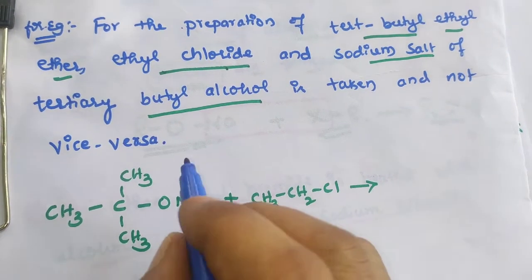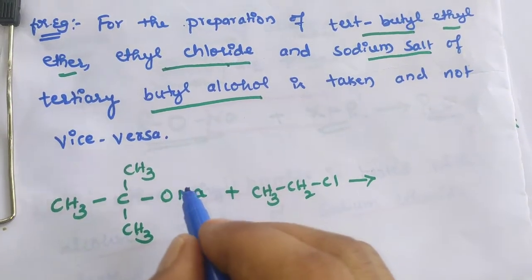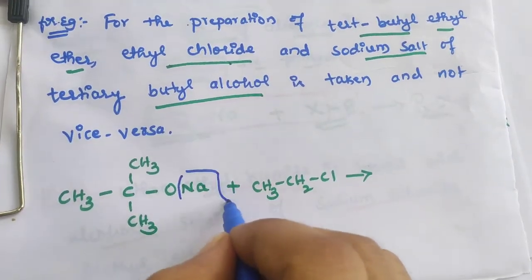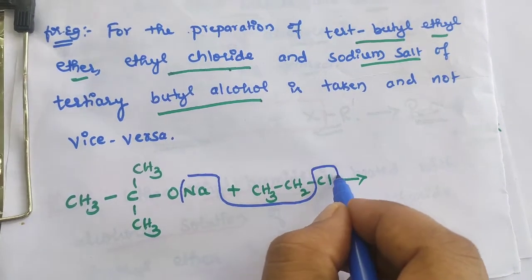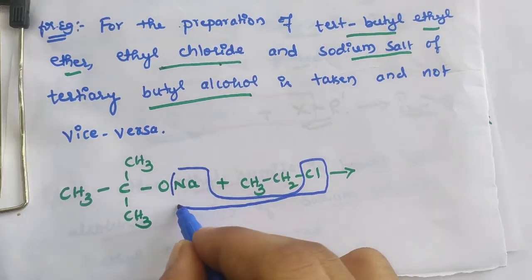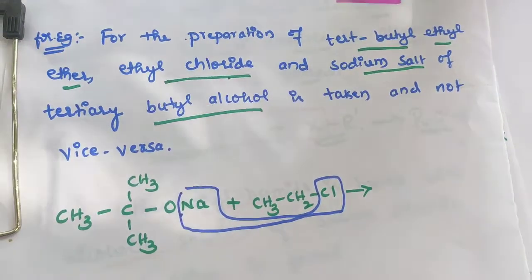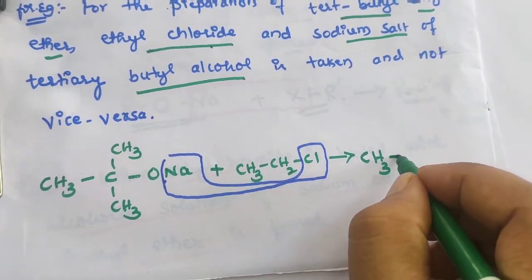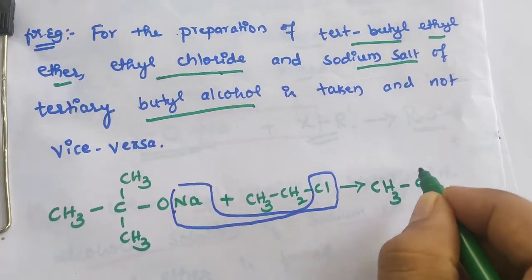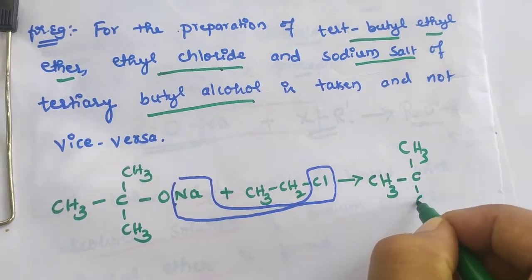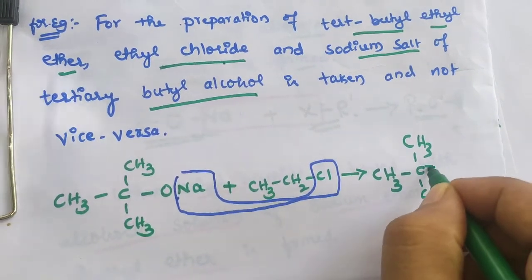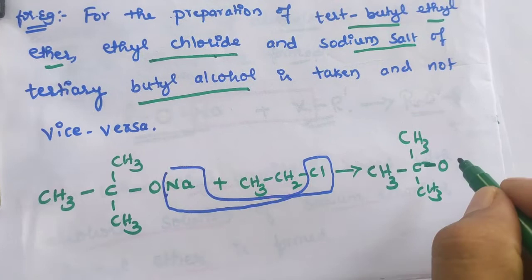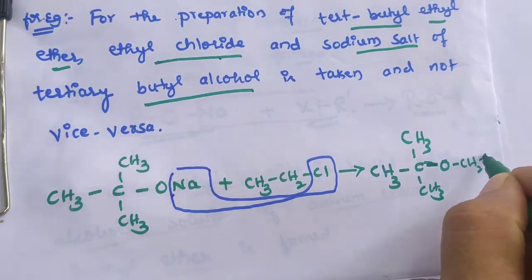As in the earlier example, we already know there is an elimination of sodium and halogen in the formation of a halide. So there is elimination of NaCl. Then the product we will get here is CH3, CH3, CH3 on the carbon, then O, and the remaining CH2CH3.